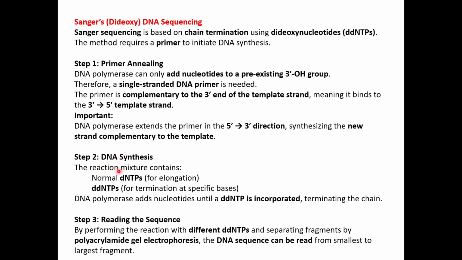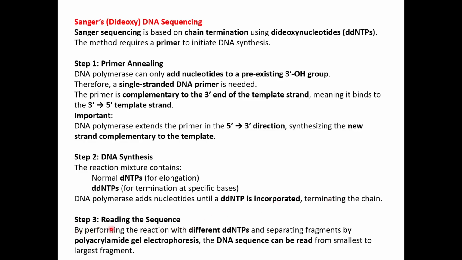Then for DNA synthesis, the reaction mixture contains dNTPs for elongation. This is the normal dNTPs that we add. Then for Sanger sequencing, we have to add ddNTPs for termination at specific bases. So DNA polymerase adds nucleotides until a ddNTP is incorporated. Then chain termination occurs.